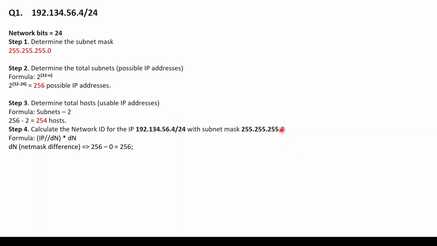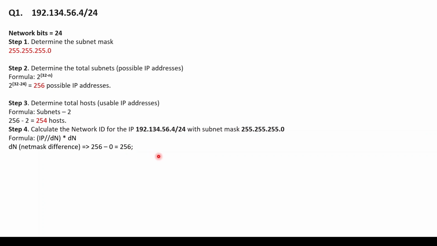Similarly, the target subnet mask is 0. So this is the target octet, this rightmost octet, which is 0 and 4. Now we perform a net mask difference, which is 256 minus 0, which gives us 256.